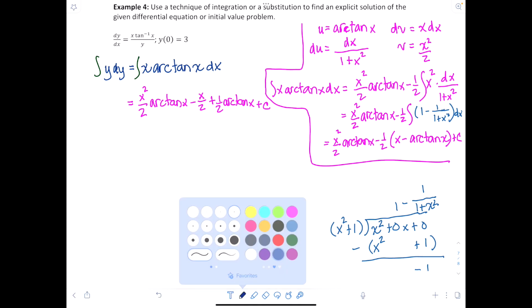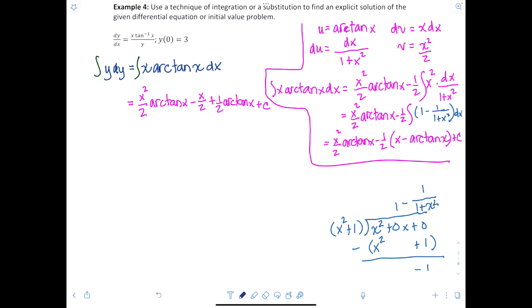And then on the left-hand side, we'll have y squared over 2. Multiplying both sides by 2, we'll get y squared equals x squared times arctangent at x minus x plus arctangent at x plus, let's call it c1.